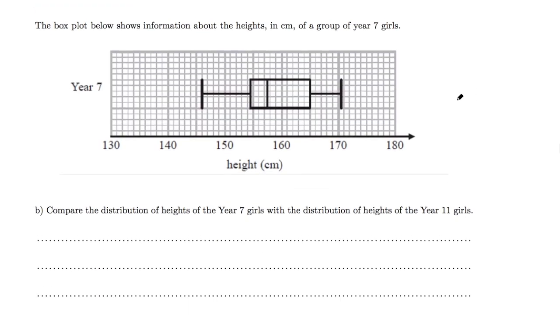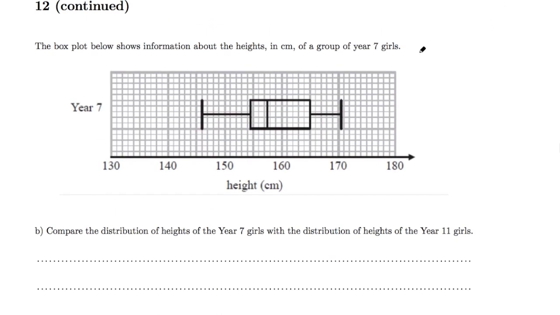Okay, so I would go ahead and write down some values. So the minimum equals 146. The lower quartile is 154 about. The median is 157 approximately.